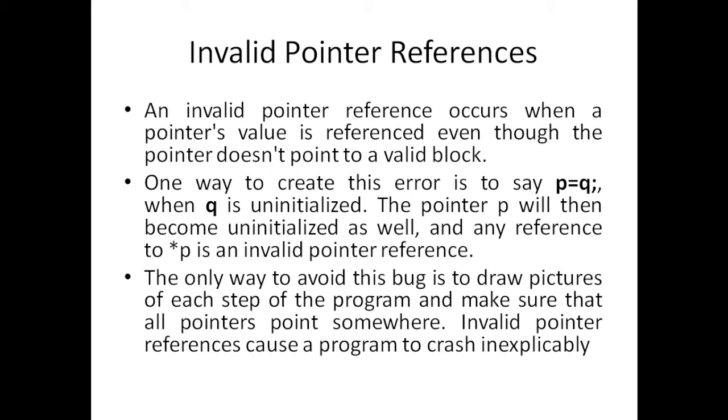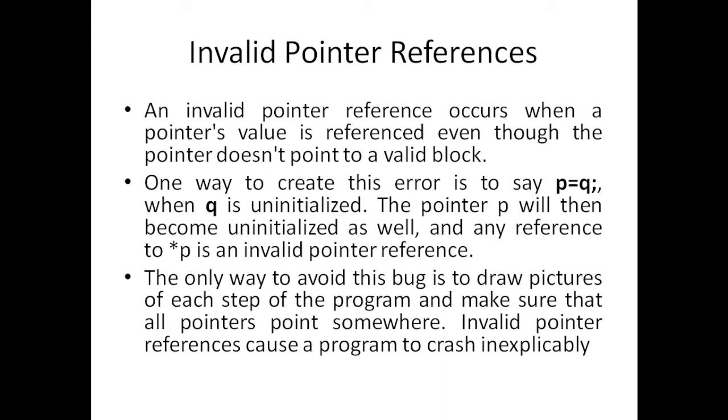An invalid pointer reference occurs when a pointer's value is referenced even though the pointer doesn't point to a valid block. For example, there are two variables and one is not initialized. The uninitialized variable is assigned to another variable.